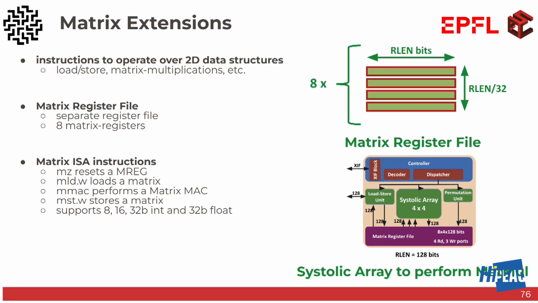AI, correct. Matrices, as vectors, are very common in linear algebra, AI, and every DSP-like kernel. So having custom extensions, not custom, they won't be custom anymore once they ratify that, but having dedicated extensions playing with the 2D data structures will simplify the code and speed up the execution.